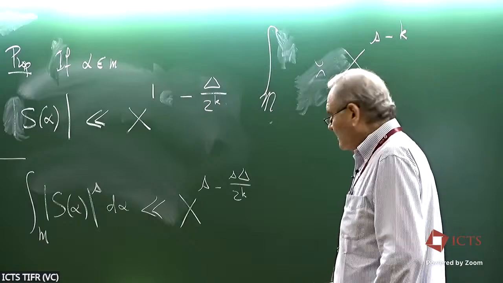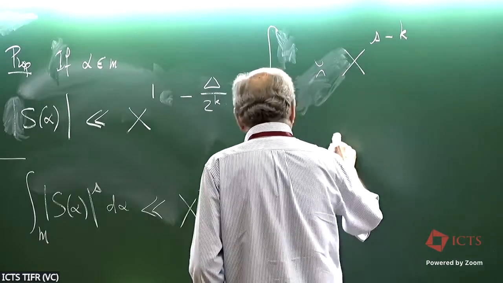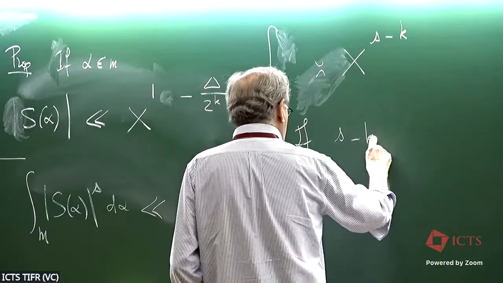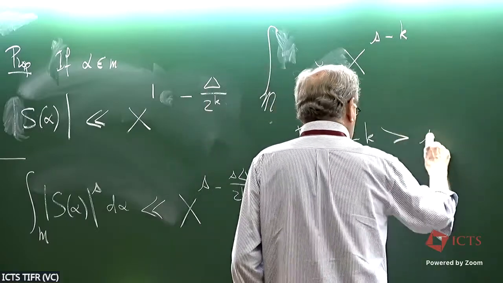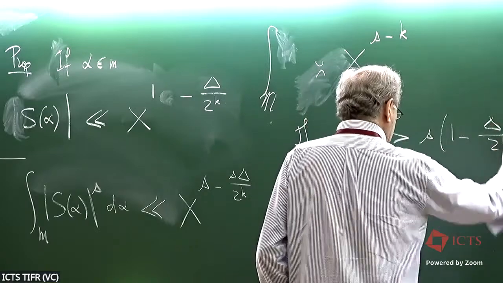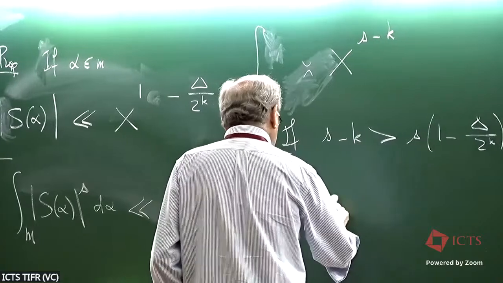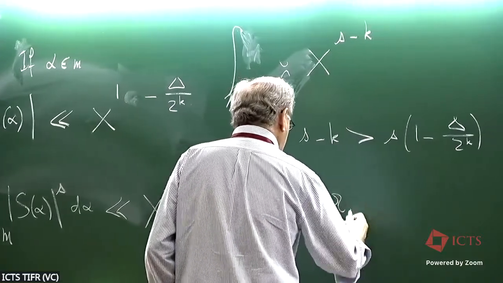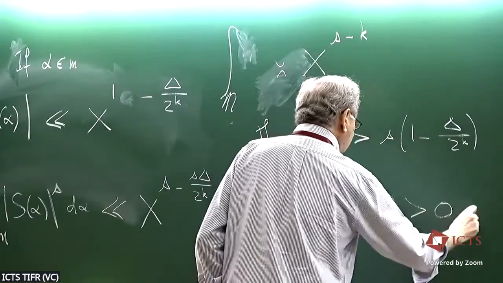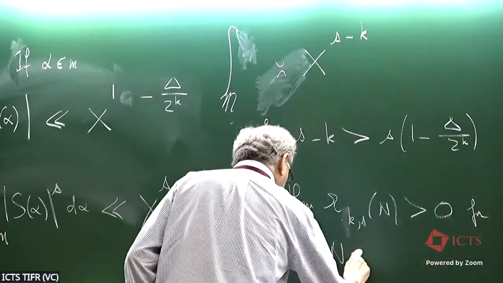Okay? And you see it's not too difficult to say: if s minus k is larger than s times 1 minus delta over 2 to the k, then our r_s of n is positive for n large enough.